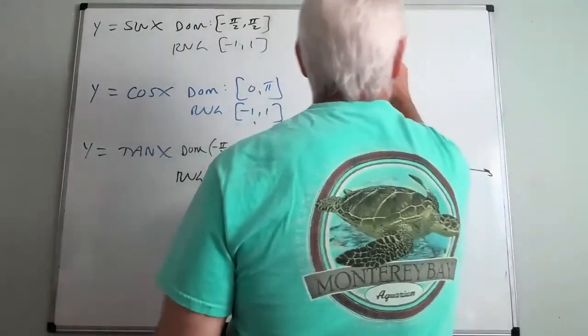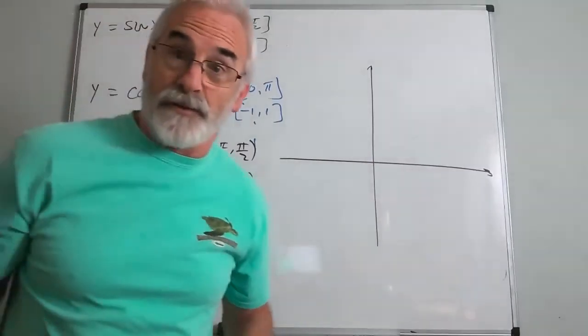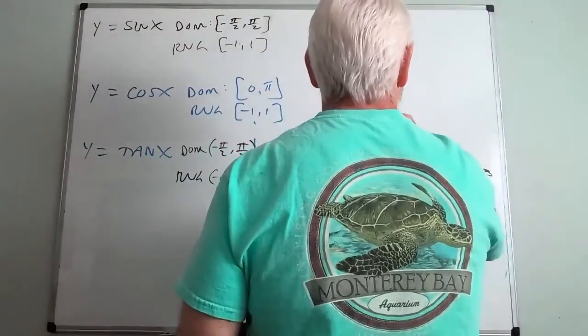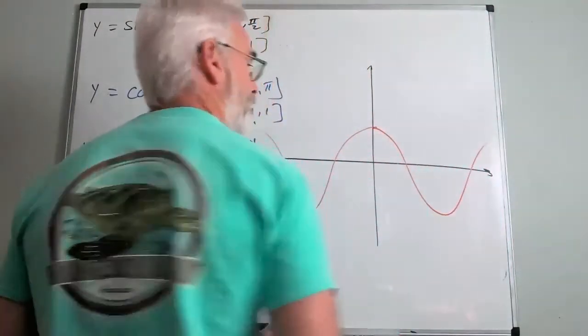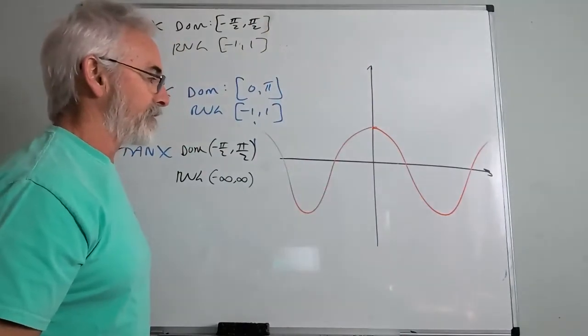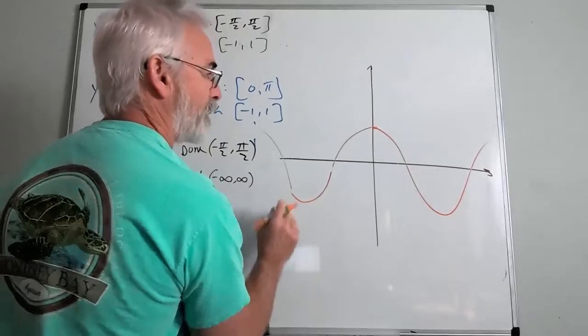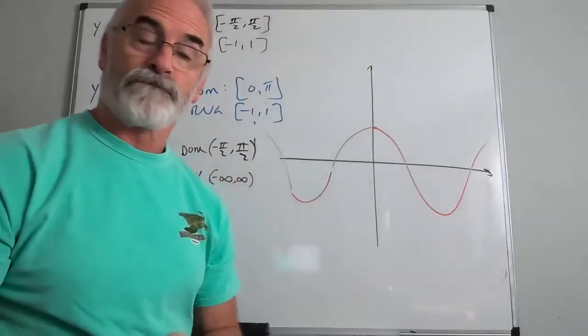So the way most of you probably learned to graph a secant function, because I can't do the inverse if I don't know what the function looks like, is you took a cosine wave. Okay, it's not very accurate. All right, I took a cosine wave. Secant is the reciprocal of cosine.